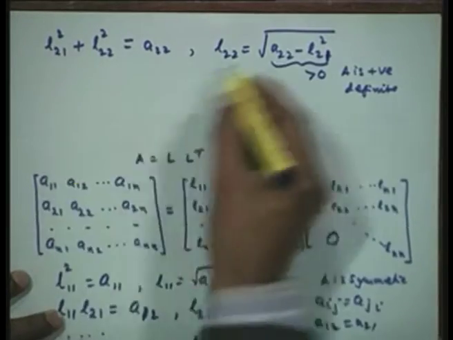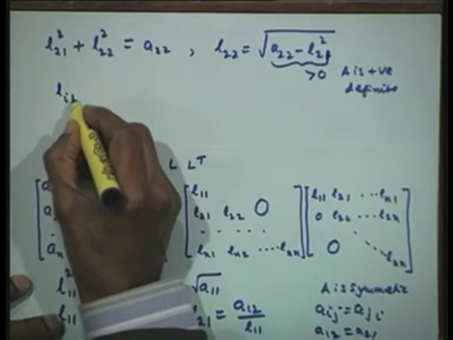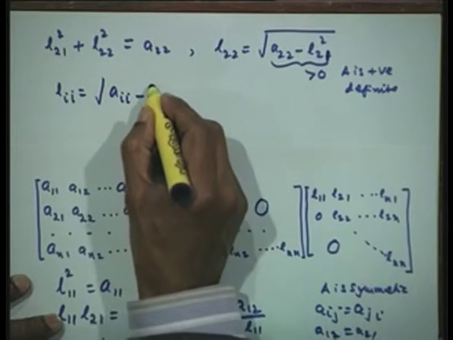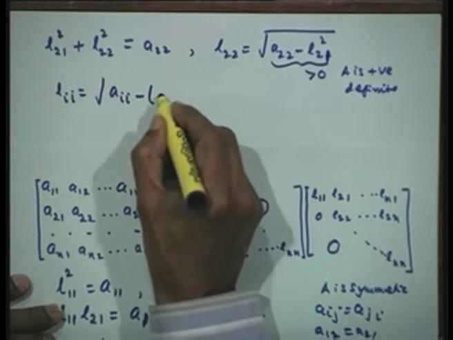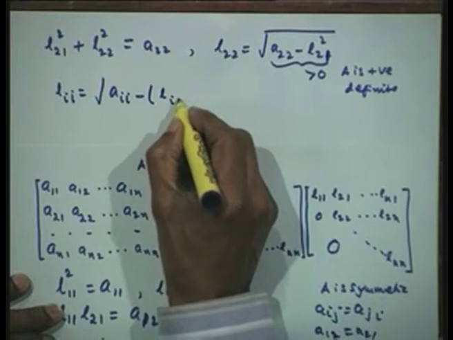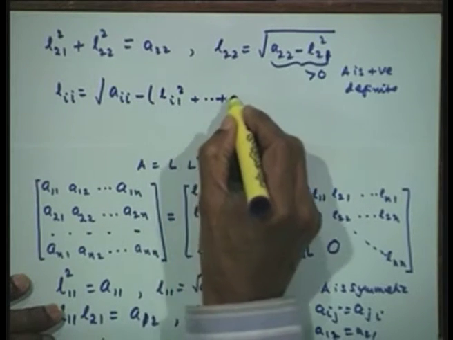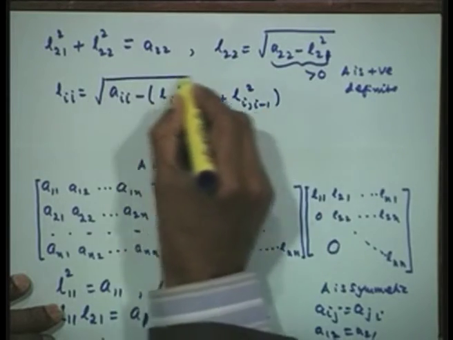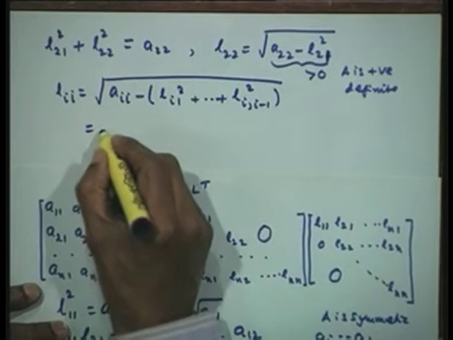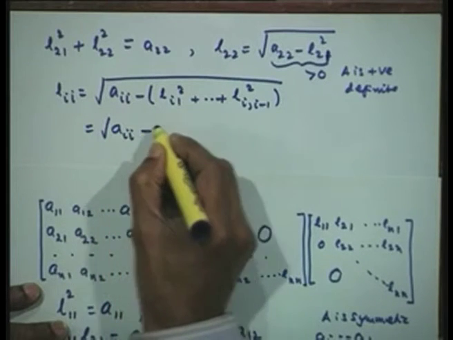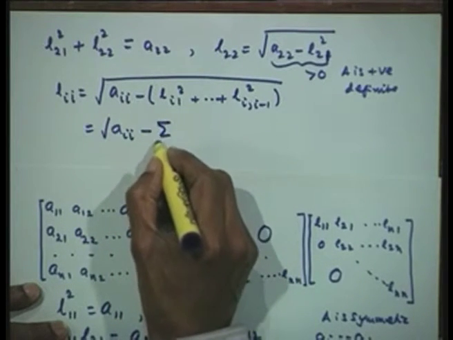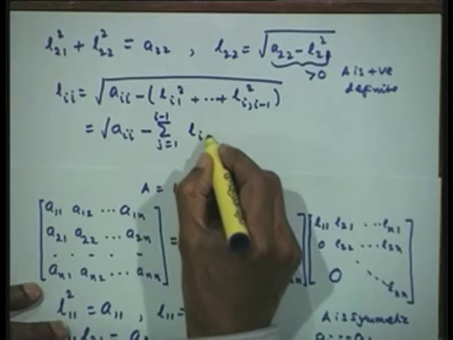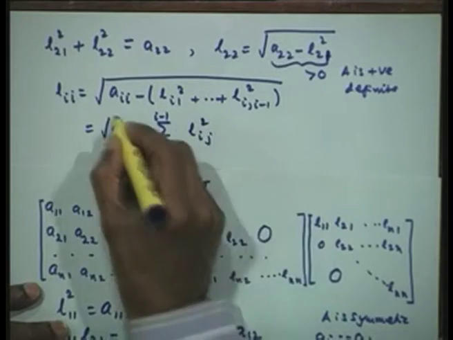That means I would get from here immediately that Lii is the square root of Aii minus Li1 square plus so on up to Li,i-1 square, or we can simply remember it by putting this in summation notation, j is equal to 1 to i minus 1, Lij square.